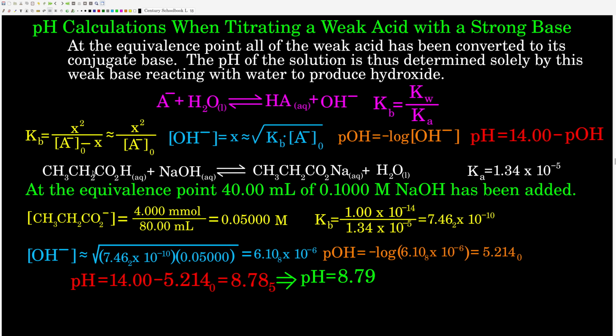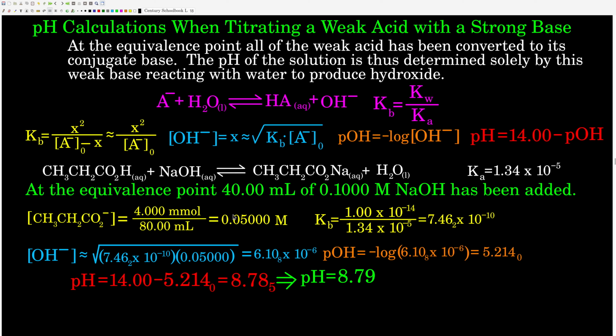The propanoic acid has been all converted to the propanoate. So the concentration of the conjugate base here, we have 4 millimoles of this. The volume here, guys, is the 40 mL that we started with plus the 40 mL that we added, which is 80 mL. And so the concentration for this one would be 0.05000 molar.